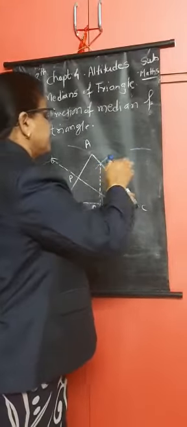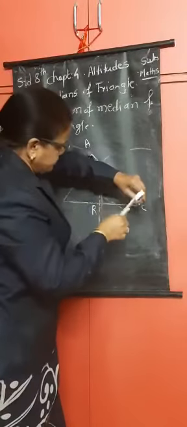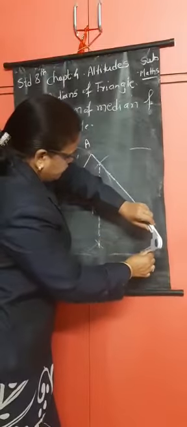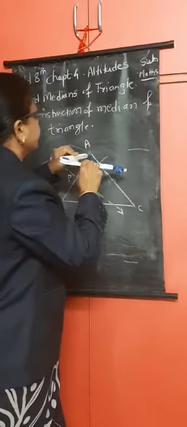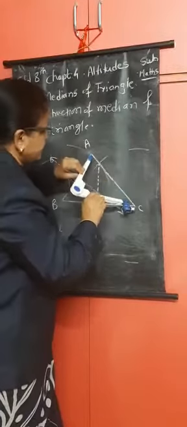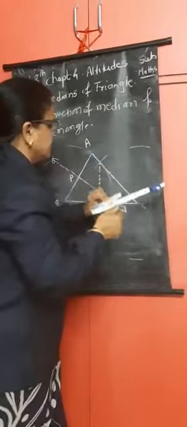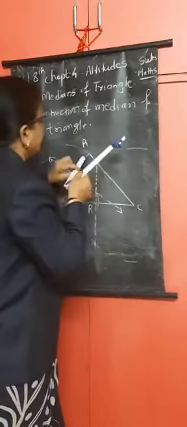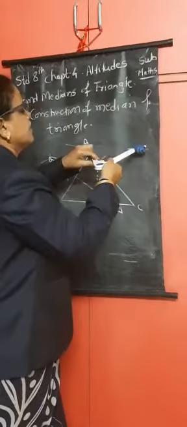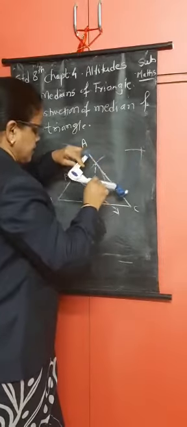Without changing the distance, we make an arc. Then again take the compass on that point. Take this distance in the compass, and this is the arc.